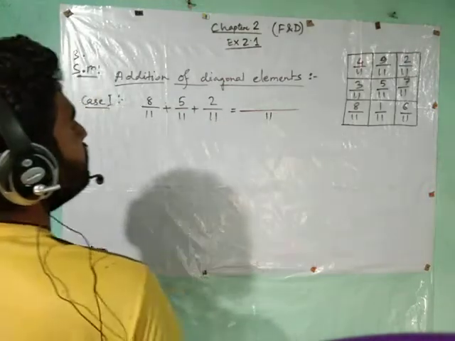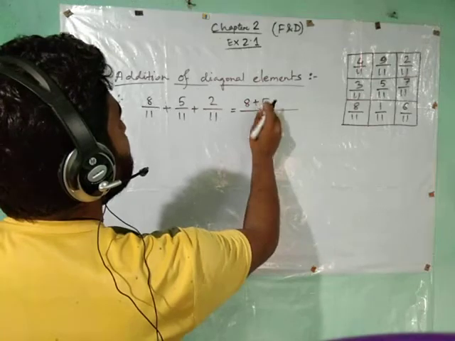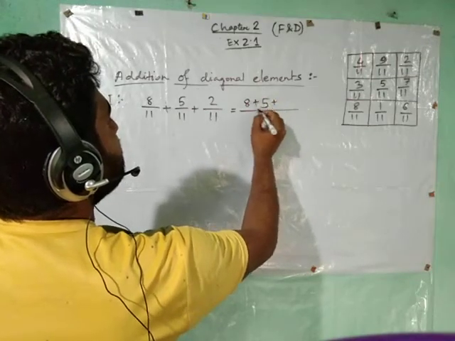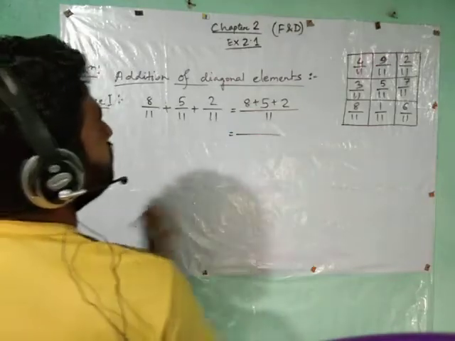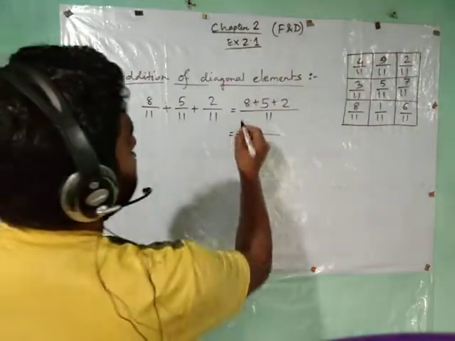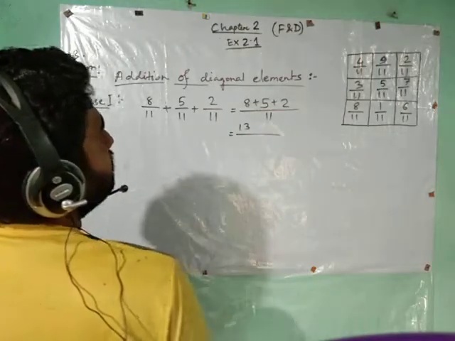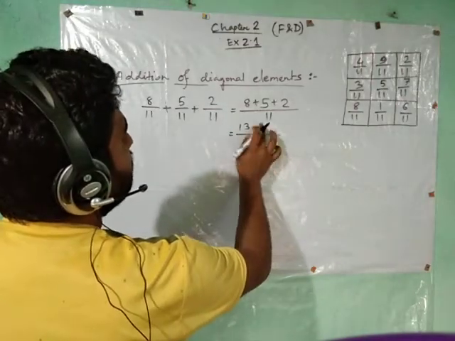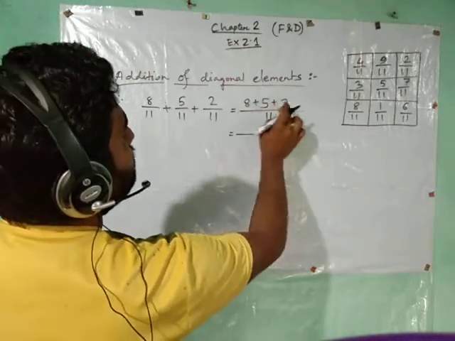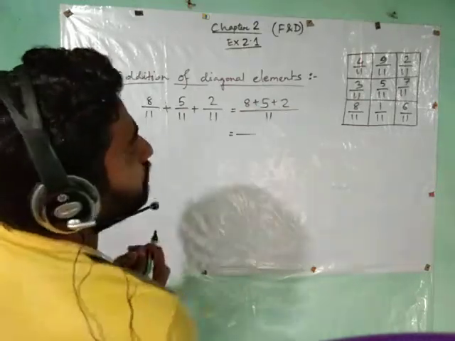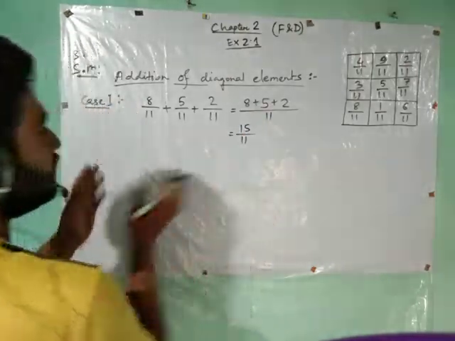Whenever our denominator is the same, it is very easy to add them up. Now how much will we get? 8 plus 2, 10, plus 5, 15 by 11. Here you got this one.